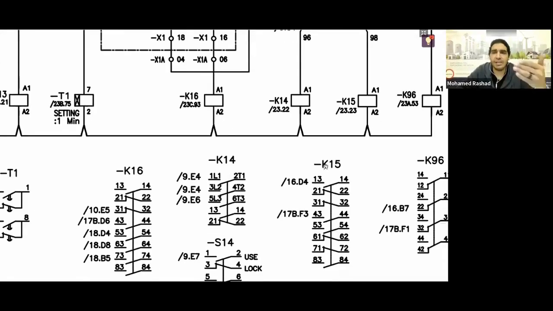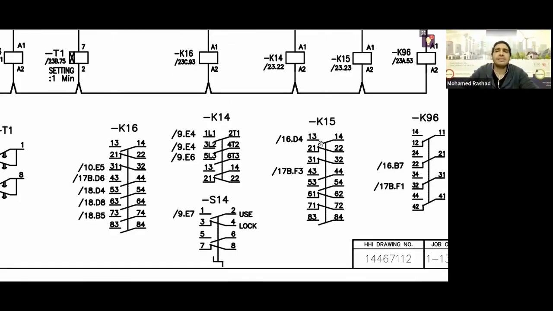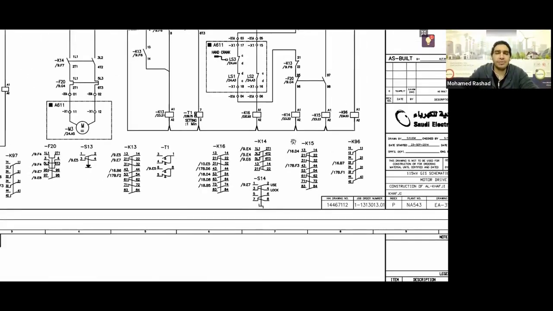K15 is used in 1, 2, 3, 4 normally open contacts and 1, 2, 3, 4 normally closed contacts. In this normally open and that normally open, both are used in circuits. One of them you'll find in the annunciator and the other in the PCO. This is an input in the annunciator and an input in the PCO.